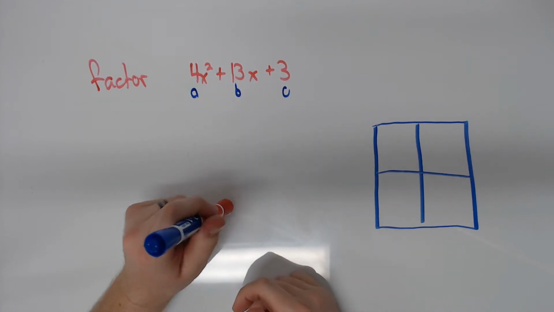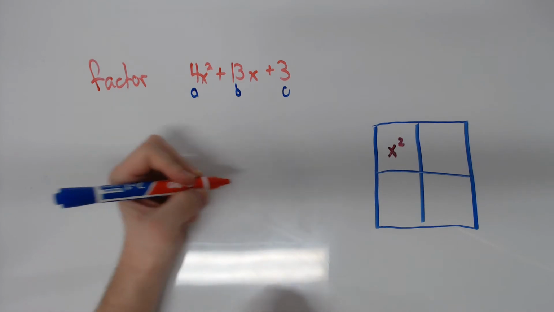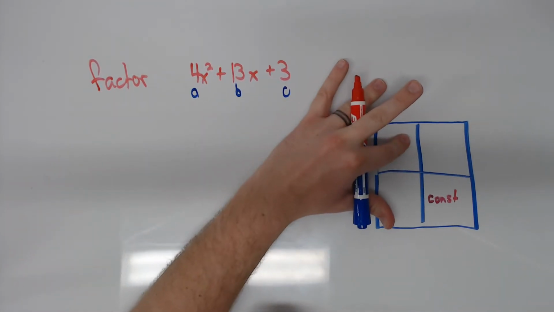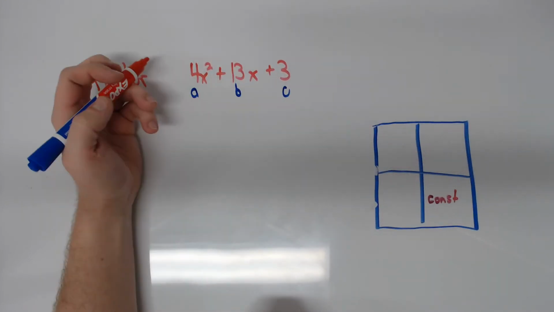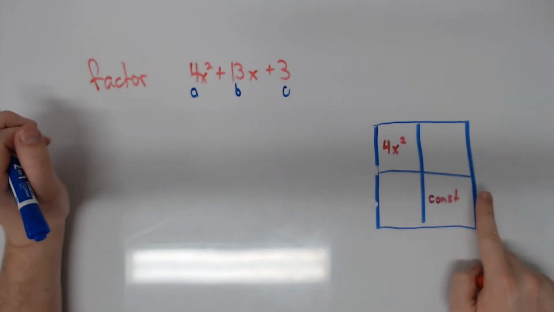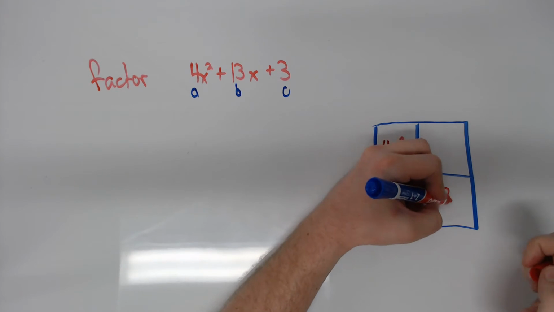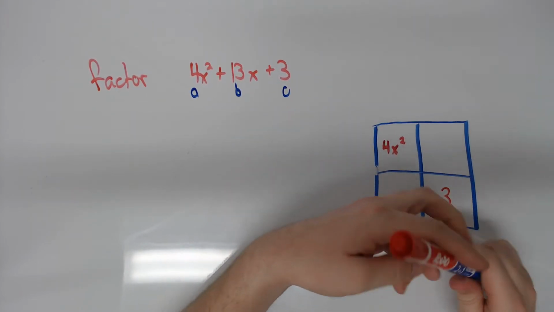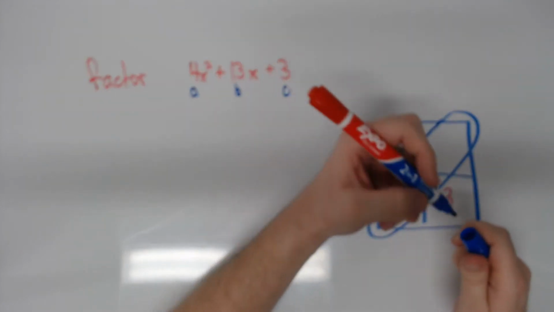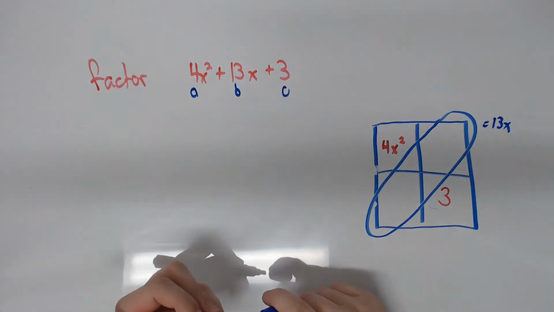So remember the Punnett square we worked with. This is always going to be the x squared term, and this is always going to be the constant. All right. So our x squared term, our a term, is 4x squared in this problem. Our constant is a positive 3. And the one thing we know about these two is that they have to add up to 13x when we combine them.